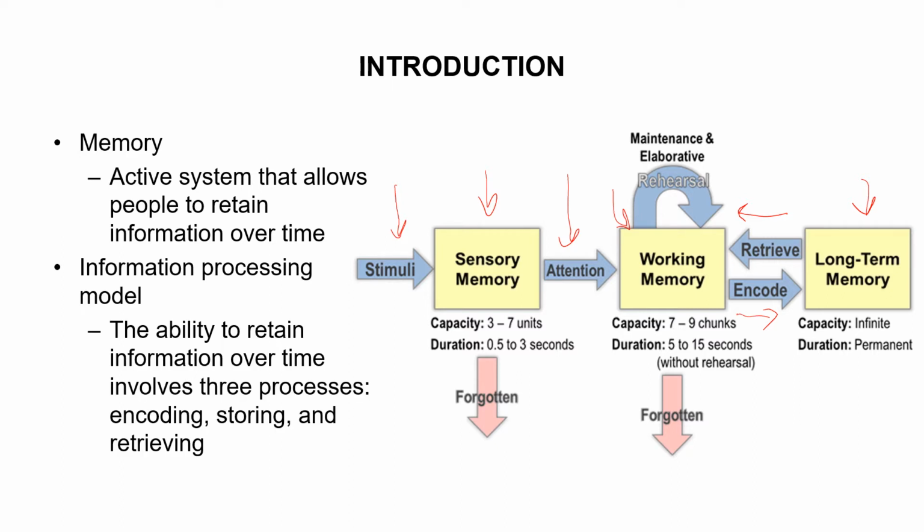When we talk about memory, though, we have to look at the information processing model. So it looks at the mind like a computer. And when we look at the mind like a computer, we look at the processes of encoding, storing, and retrieving as important. Encoding, storing, and retrieving is important.